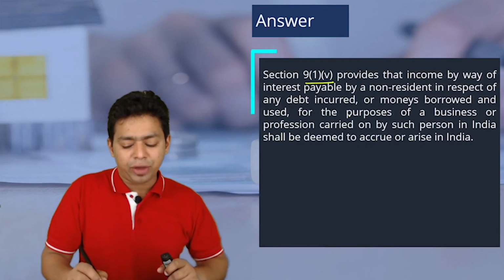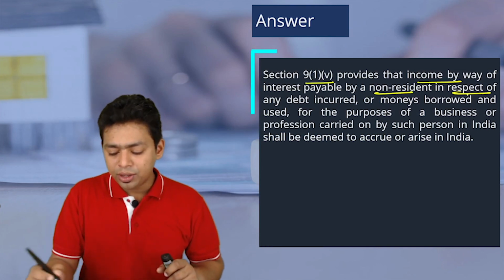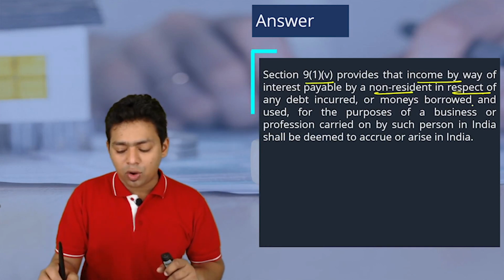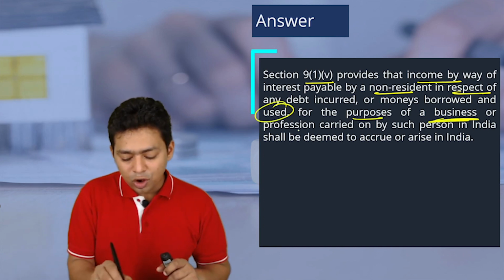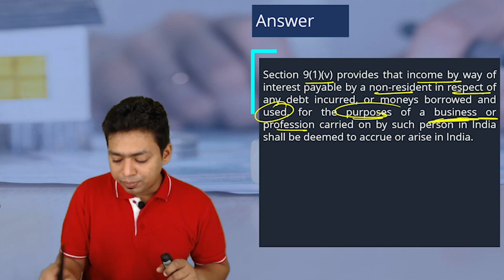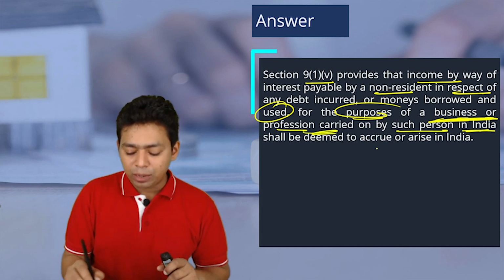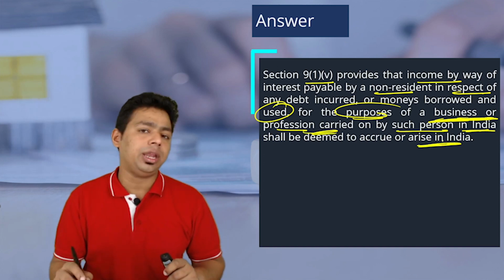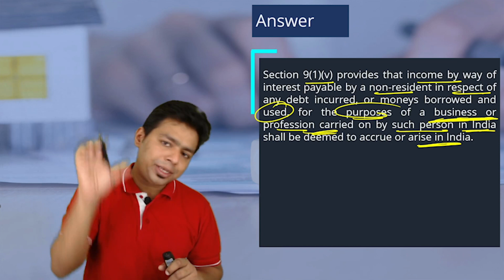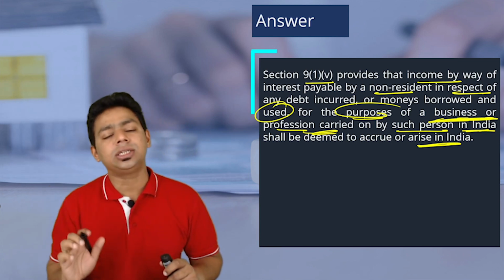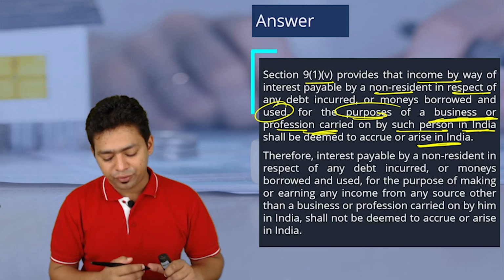Section 9(1)(v) provides that income by way of interest payable by a non-resident in respect of any debt incurred or money borrowed and used for the purpose of business or profession carried on by such person in India shall be deemed to accrue or arise in India. So the money, if it is borrowed and used for a business purpose, then only it is considered as income deemed to be accrued in India, not for any other head, my dear friend.